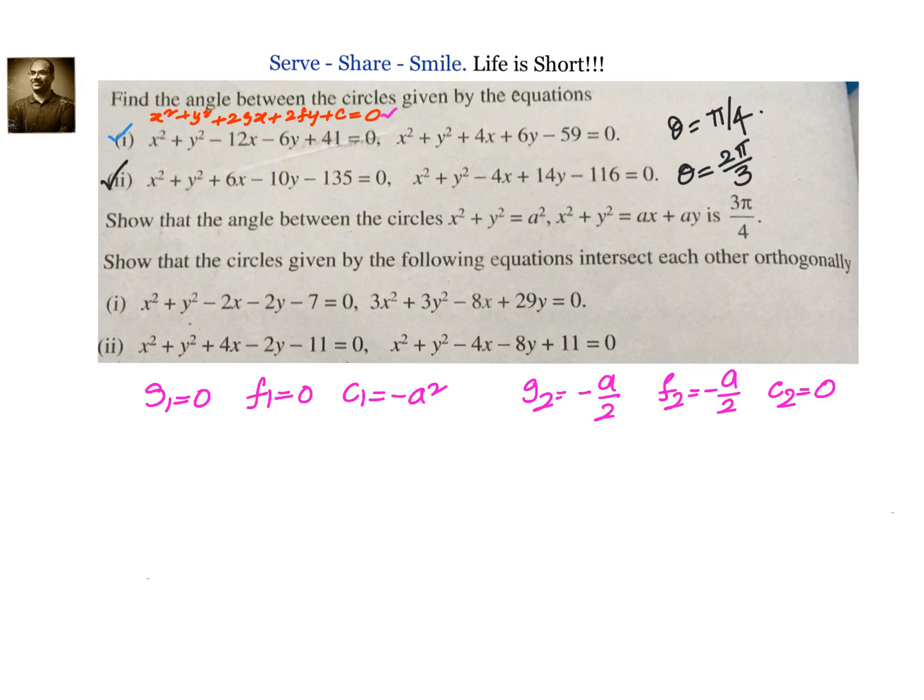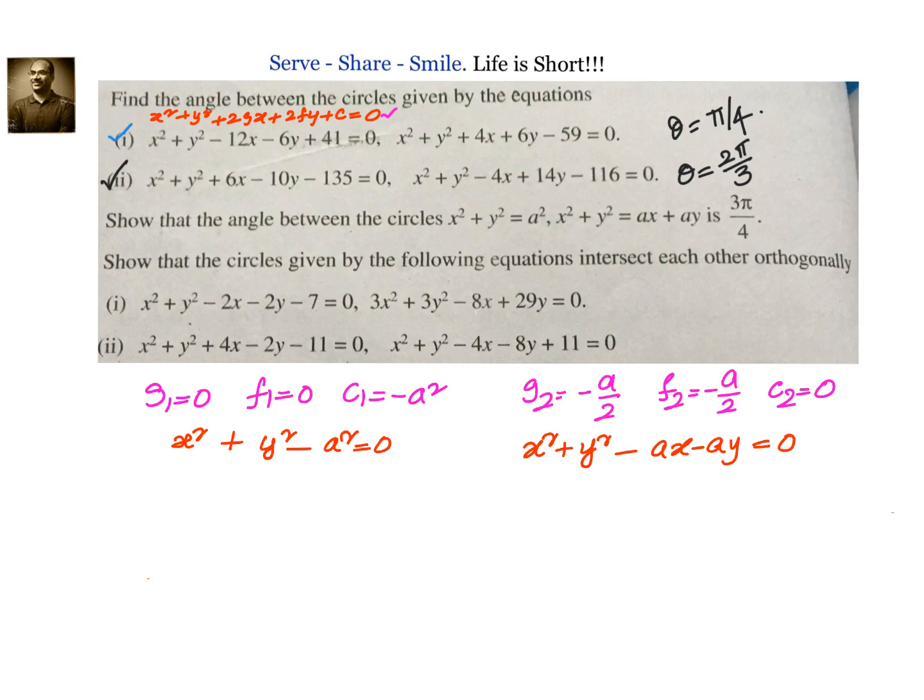What is given to us is actually x square plus y square minus a square equals to 0. Another equation is x square plus y square minus ax minus ay equals to 0.